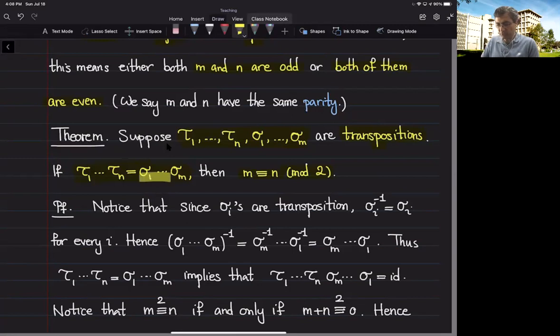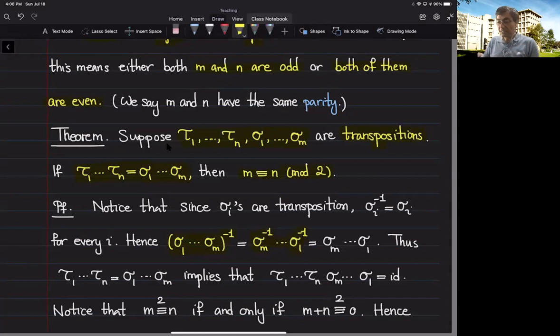As I've mentioned, I'm going to multiply both sides by the inverse of this. But remember, the inverse of a product is the product of inverses in the reverse order. So the inverse of sigma 1 times sigma 2 up to sigma m is the inverse of the last one times the inverse of the one before the last one, till we reach the first one.